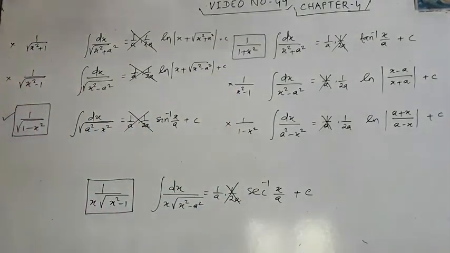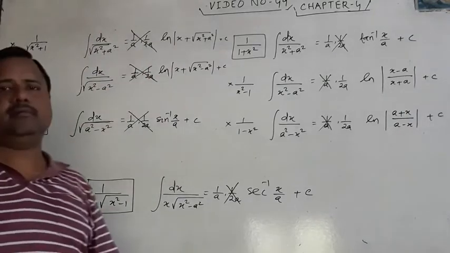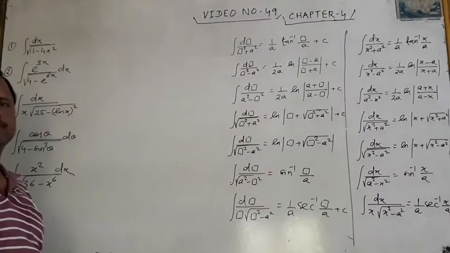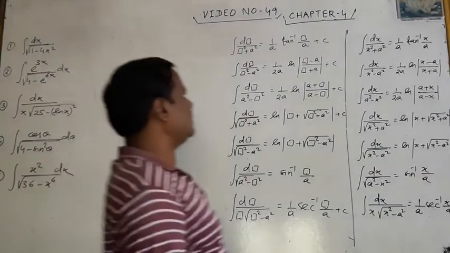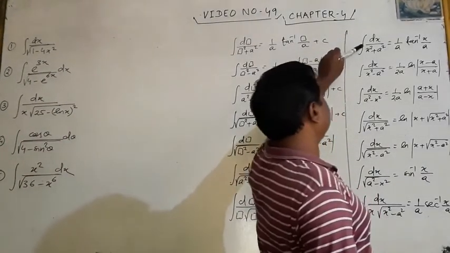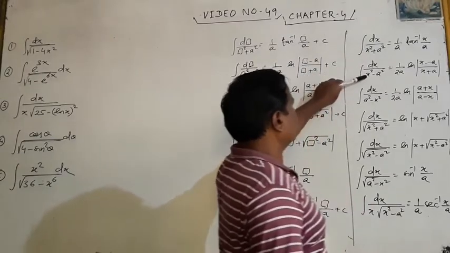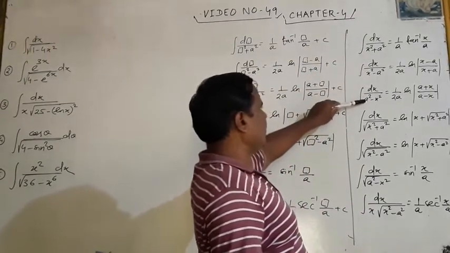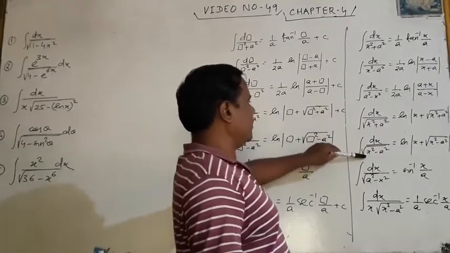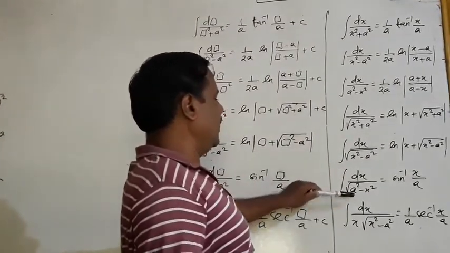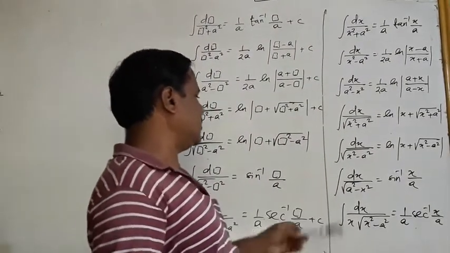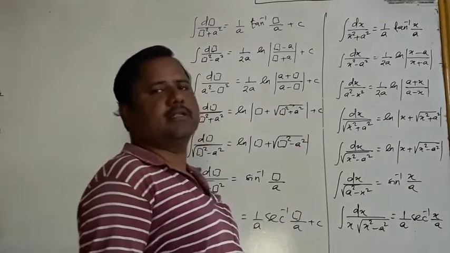Okay, now I am writing this in one line. I collect these formulas in one place: dx by x square plus a square, dx by x square minus a square, dx by a square minus x square, dx by root over x square plus a square, dx by root over x square minus a square, dx by root over a square minus x square, dx by x into root over x square minus a square.